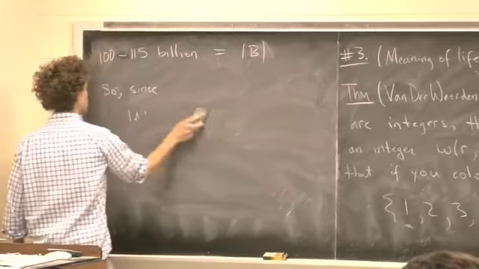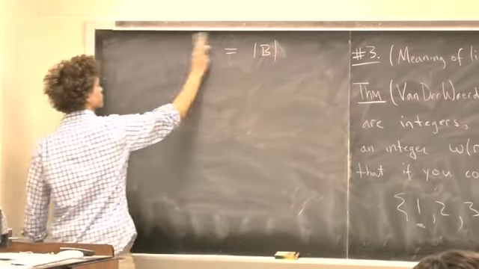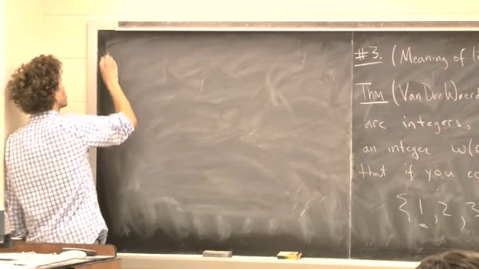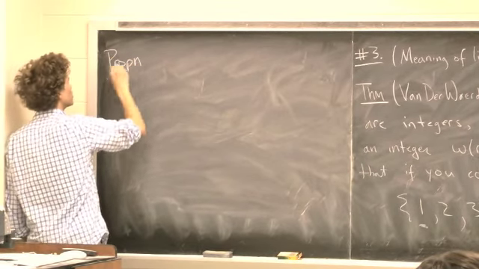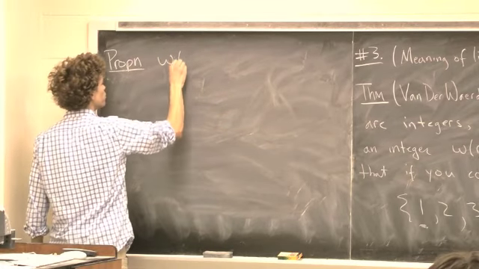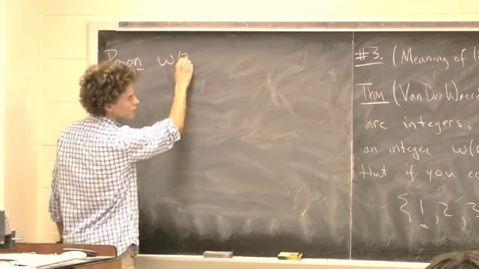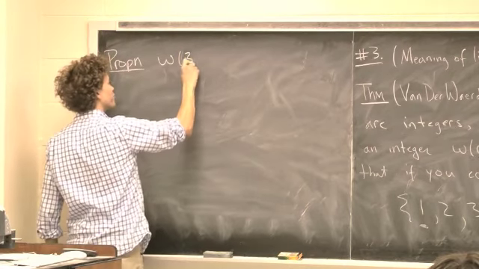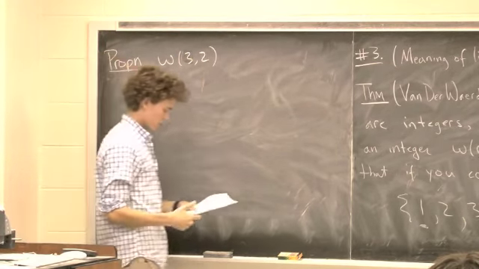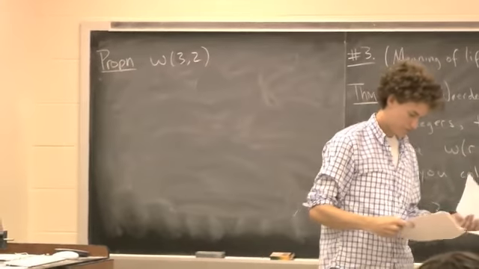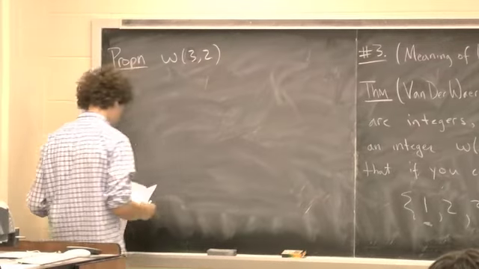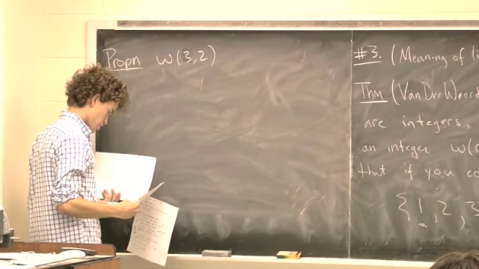So let's prove it in this case. So proposition: W(2, 3) is at most, well, I'm going to give it some bound. Great job, Joe.